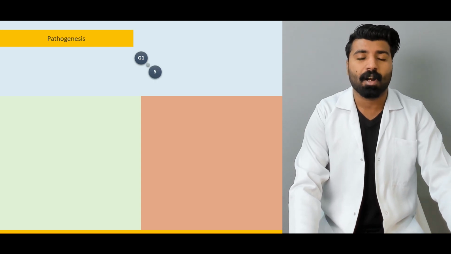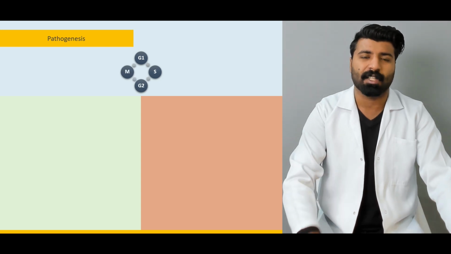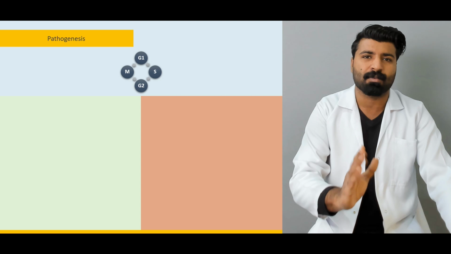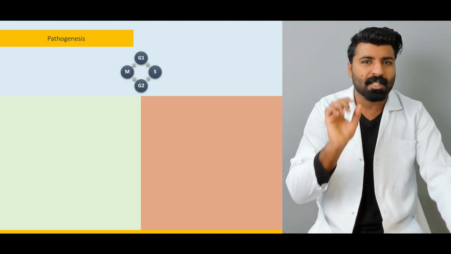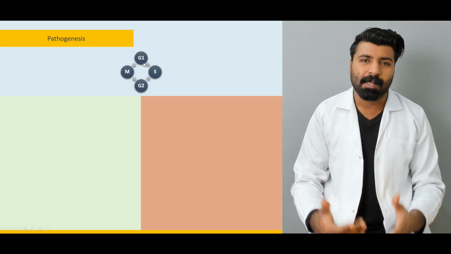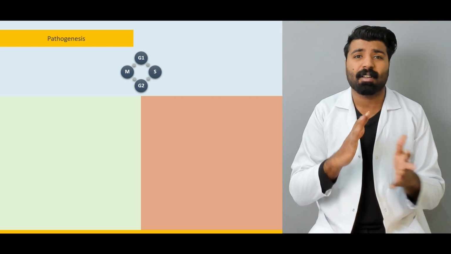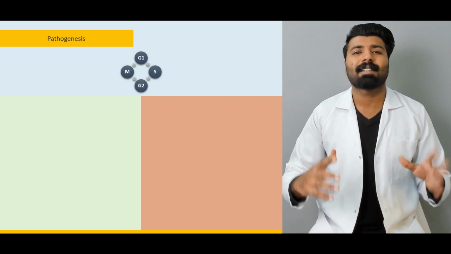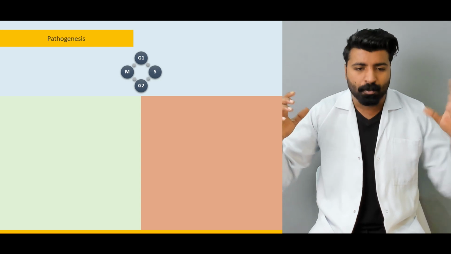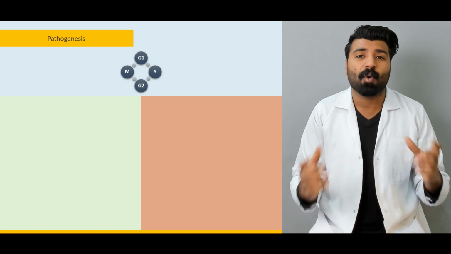So we know that there are 4 stages basically: G1, S phase, G2, and M phase. We talked about it. So we have these 4 stages here: G1 stage, S stage, G2 stage, M stage. We all know what happens in these stages, right? In G1 stage, the cell is getting ready to replicate. The cell is getting ready to synthesize DNA, and in this stage it's actually accumulating all those things which are required for replication.